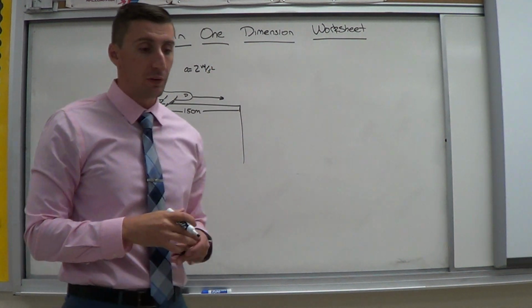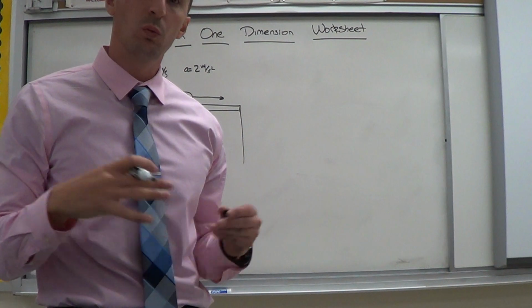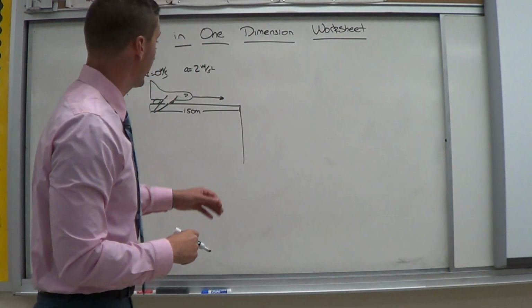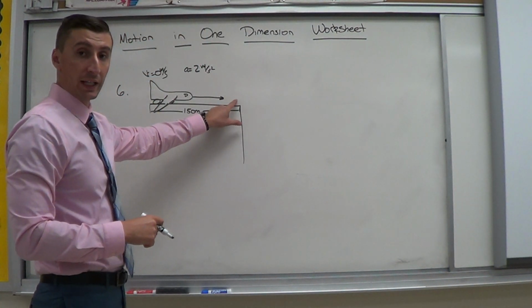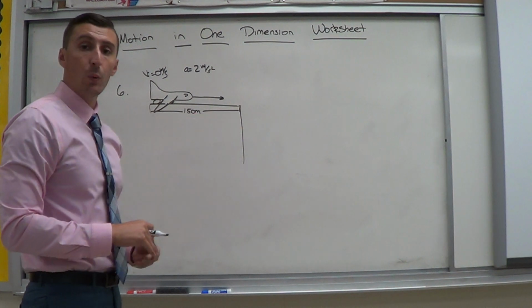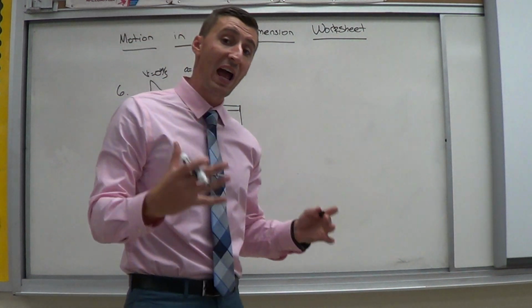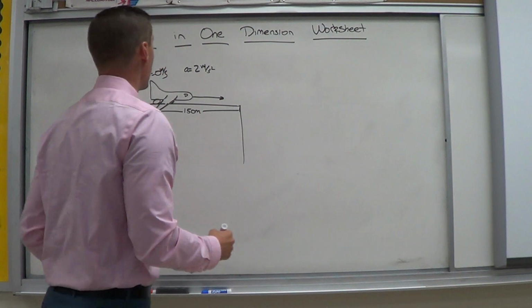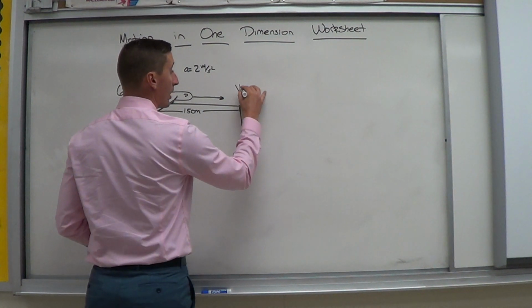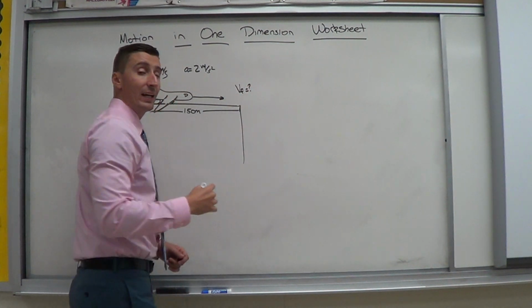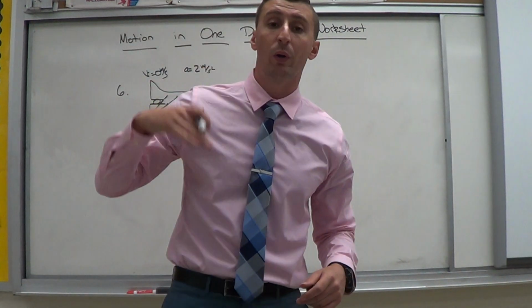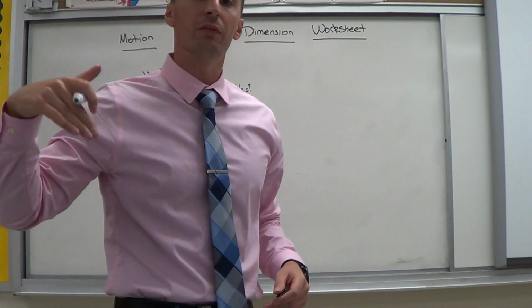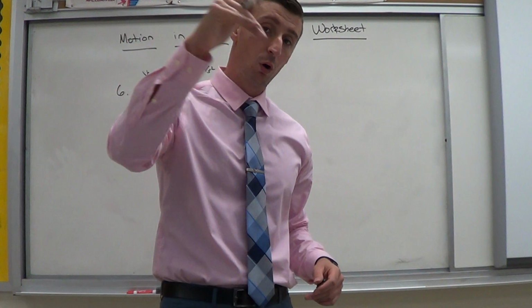It needs to reach a certain final velocity. So if we can calculate the velocity it reaches at the end of the runway, we can compare it to 27.8. If it's greater than 27.8, it'll take off. If it's less than 27.8, it's going to go over the edge.